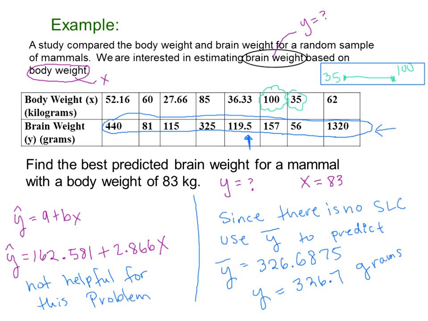Oh, I'm sorry, 27.66? Okay, thank you. So yes, the smallest, I didn't see that. The smallest is not 35, but 27.66. Thank you. So when I do make a prediction, I need to stay within the scope of my data. So the smallest sample is 27.66.